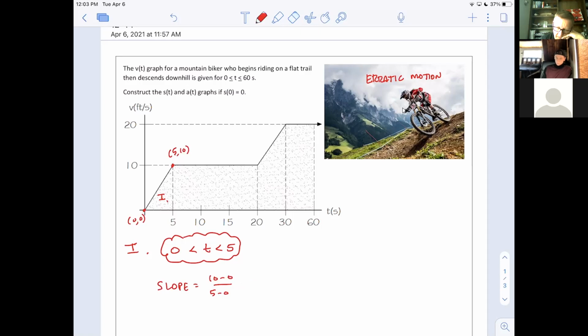That's exactly right. Notice the 10 minus 0, those are speeds, aren't they? Isn't the y coordinate, since this is a velocity graph, meters per second? And the 5 minus 0, isn't that seconds? So our answer is 2 meters per second squared, and that's actually the acceleration.